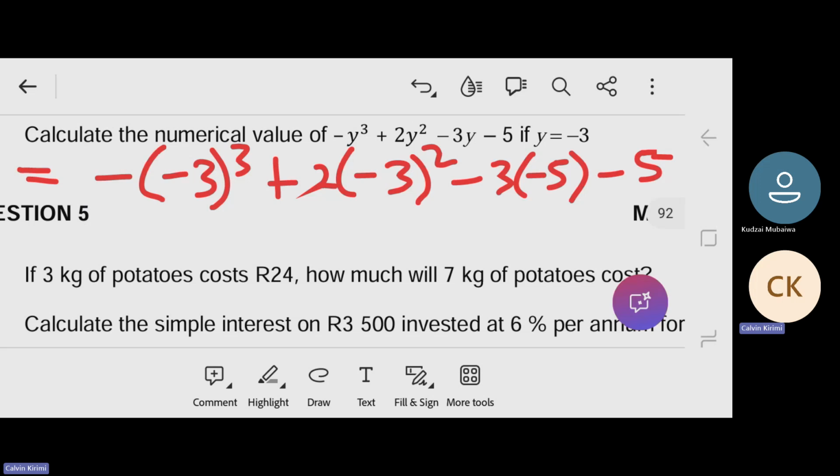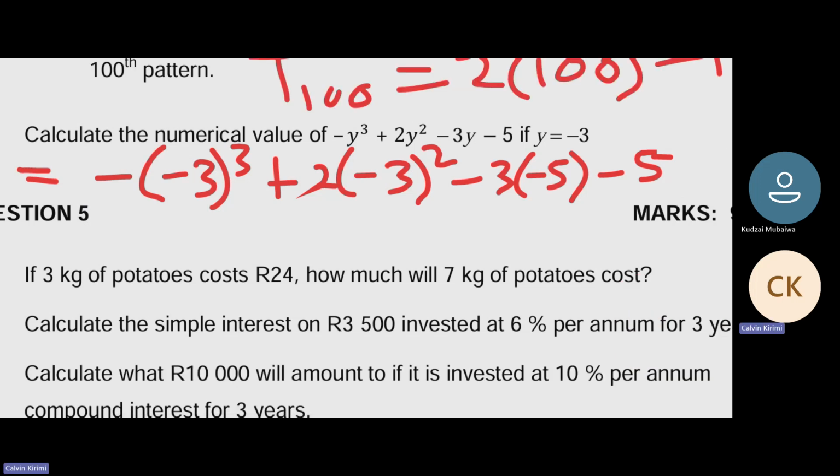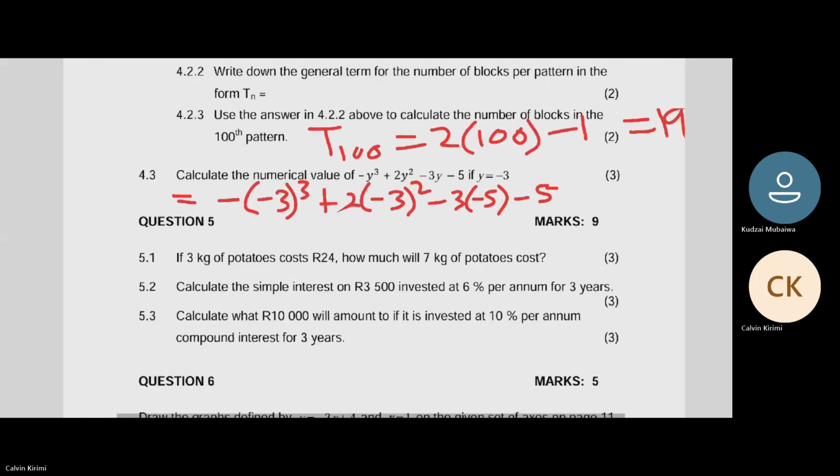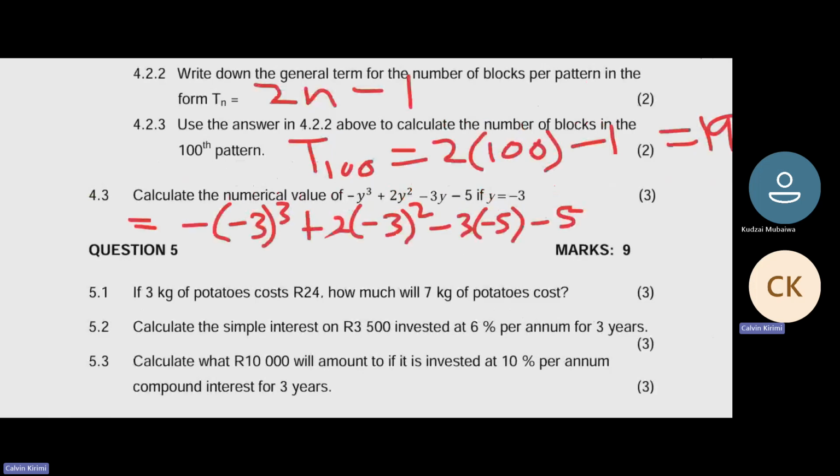All right. So when y is negative 3, where there is y, you are putting negative 3. That's what you're doing. Yes, sir. So tell me what is there. The answer is 55.